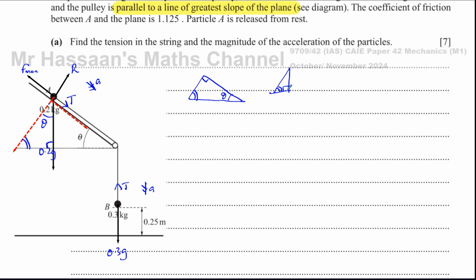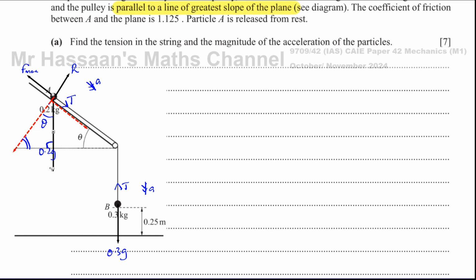By similarity, if two of the angles are the same, the third must be the same as well, because they add up to 180. That angle must be theta. So that's a brief explanation of why we can call this angle theta without any problems, not just assuming it's theta. We know from similarity that it is theta. Secondly, when we want to resolve this force, I'm going to resolve it in the direction going into the angle.